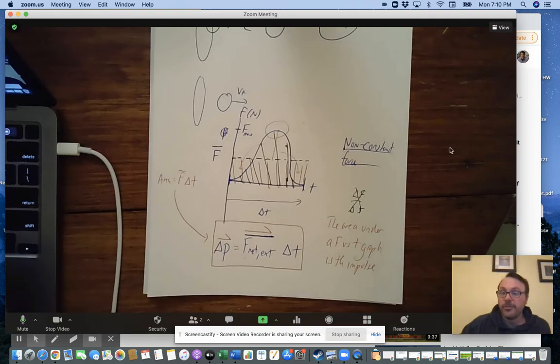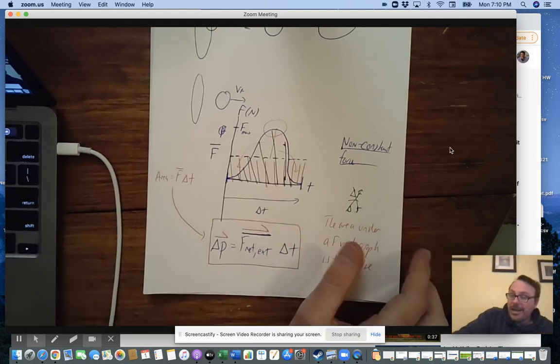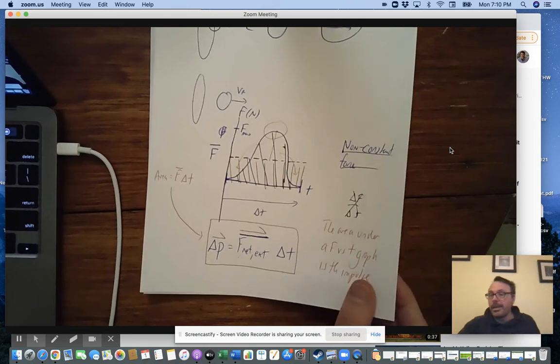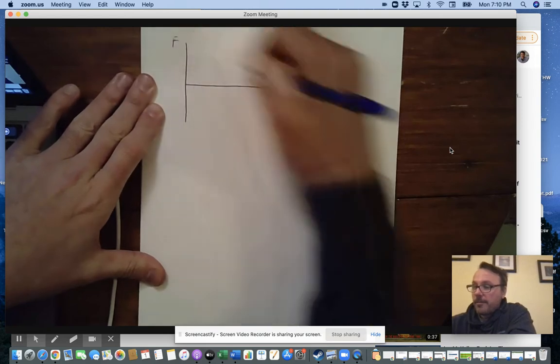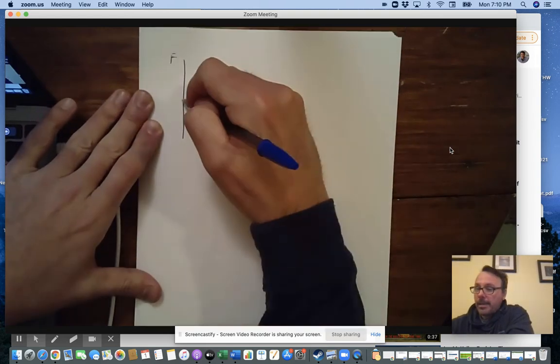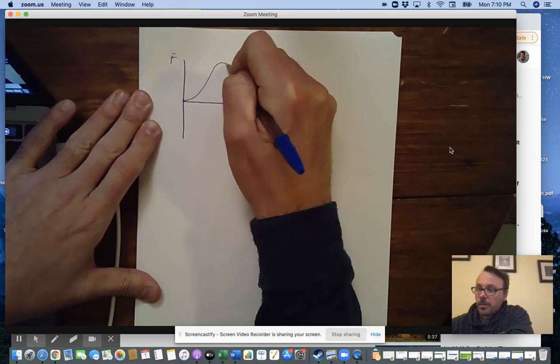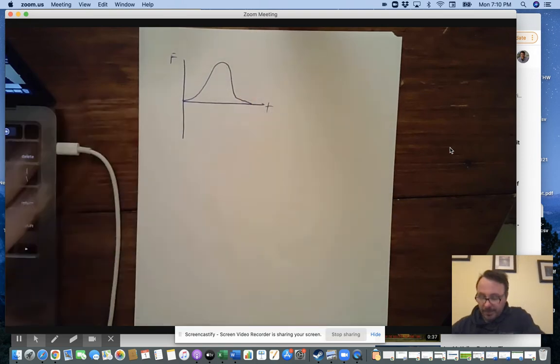All right. So some other ideas about this that are really important. Notice, if I have a force versus time graph, and I have a certain area.